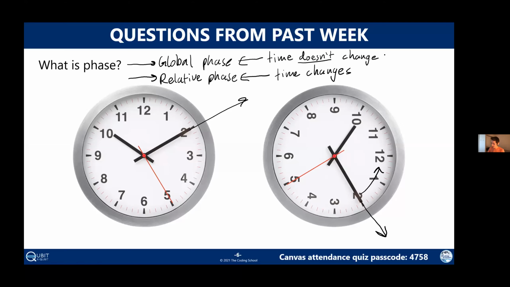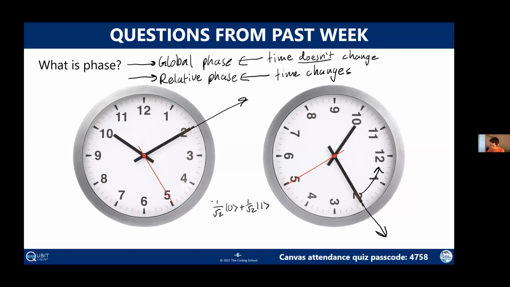Okay, now in the world of quantum mechanics, what these things actually look like is complex exponentials. We've seen those before, and we will return to them later in the lab. But suppose I had a state like 1 over root 2 ket 0 plus 1 over root 2 ket 1.